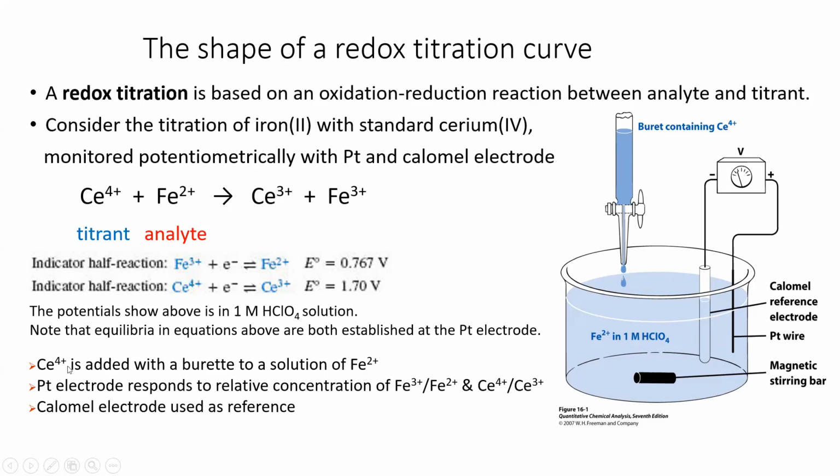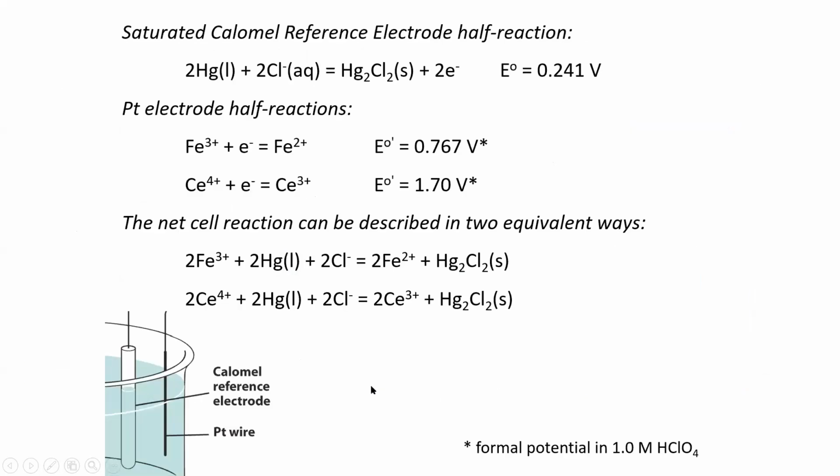So, like I said before, the ceric ion, cerium 4, is added from the burette to a solution of iron 2. And this electrode will respond to the concentrations of the iron 3 and iron 2 equilibrium and cerium 4 and cerium 3 in this mixture as the titration progresses. And we use calomel as a reference electrode. And once the potential is generated here, we'll be able to read the voltage.